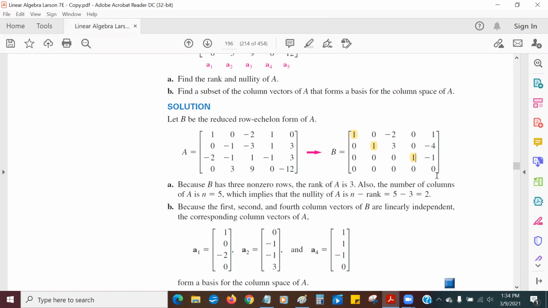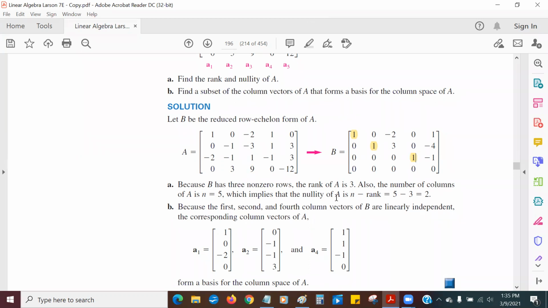And of course, if you can't count up to 2, you can count 5 minus 3, whichever calculation is easier for you. The number of columns minus the rank is the nullity, and that corresponds to the two columns left over that don't have leading ones in them.